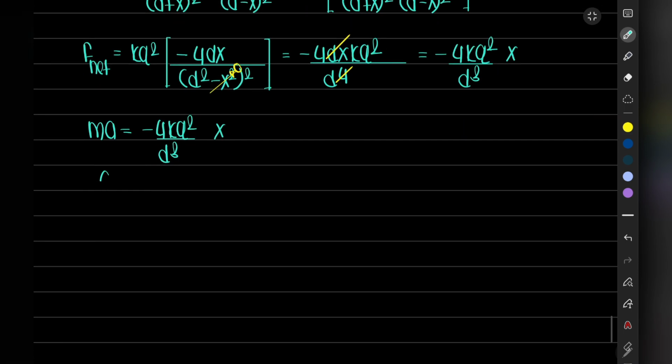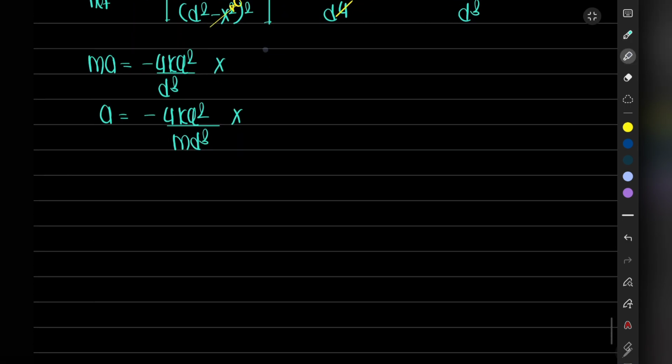Now a will be equal to minus 4 K q square upon m times d cube into x. Now we know that in SHM we have the equation a is equal to minus omega square x. So on comparing we can get the value of omega square. I'm saying this is equation 1 and this one is equation number 2.